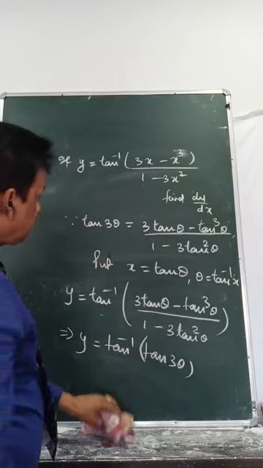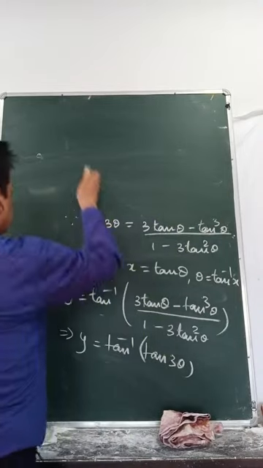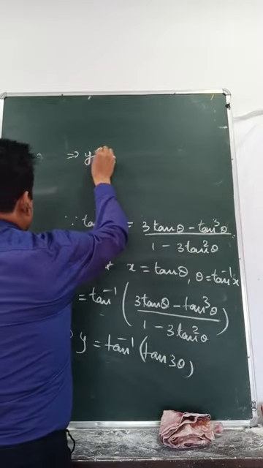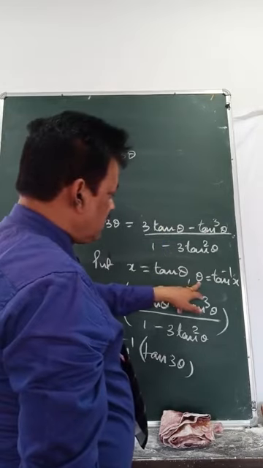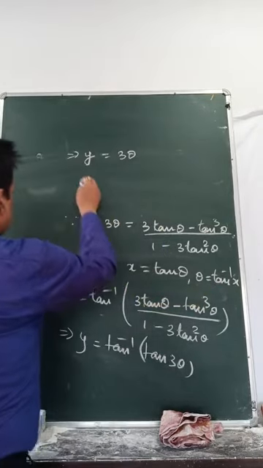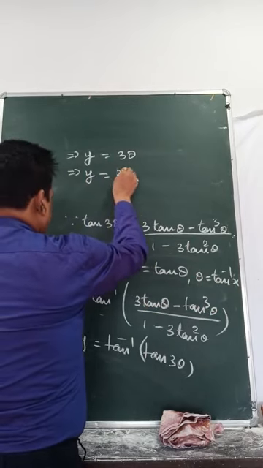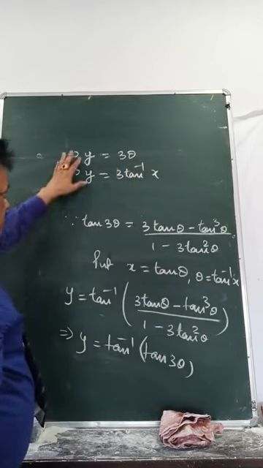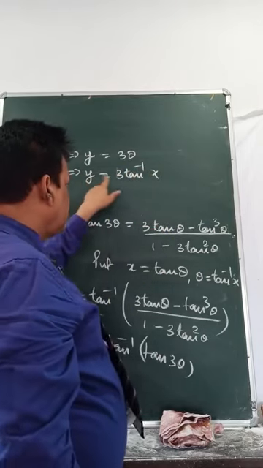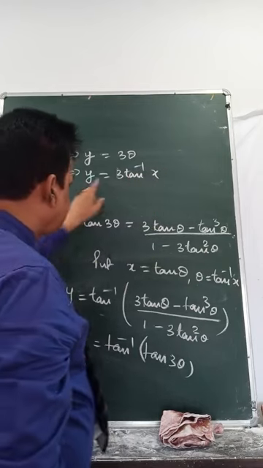What is left is y equals 3 theta, and theta is tan inverse x, so y equals 3 tan inverse x. First we have simplified y as 3 tan inverse x. Now we will take the derivative.